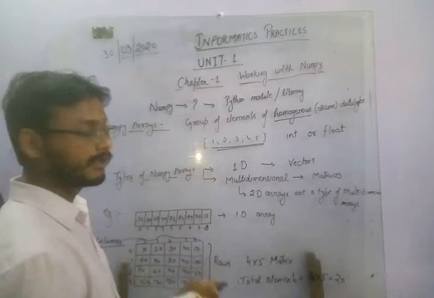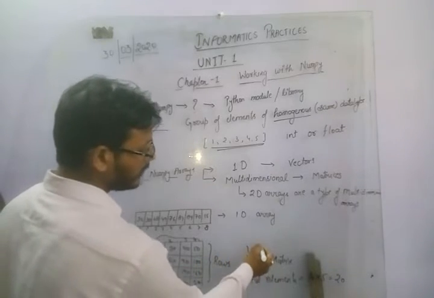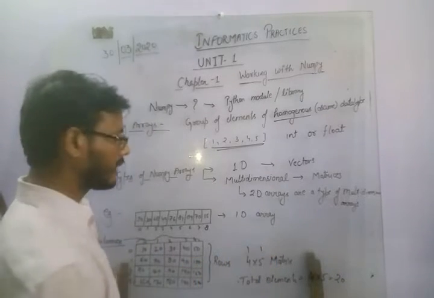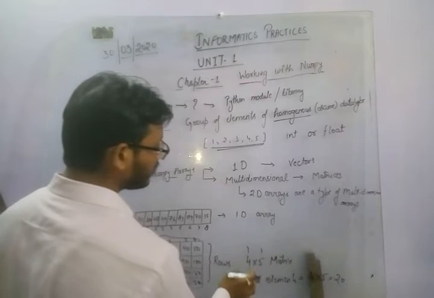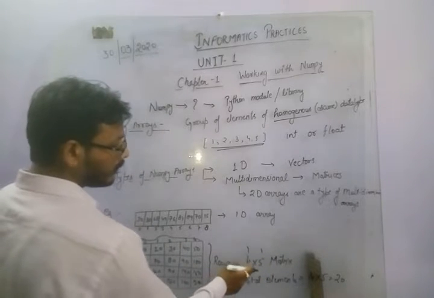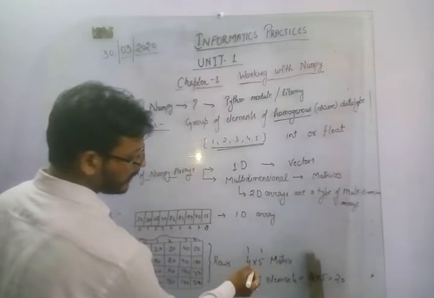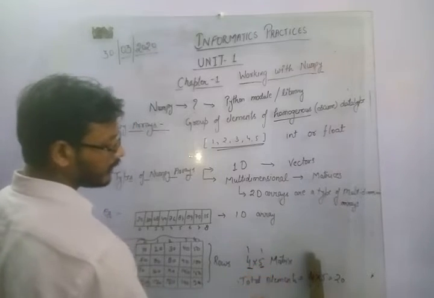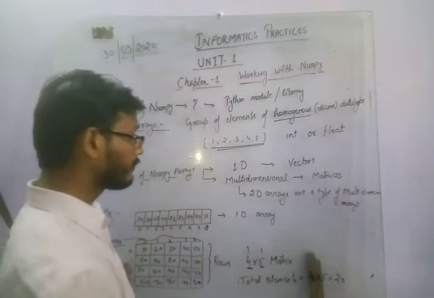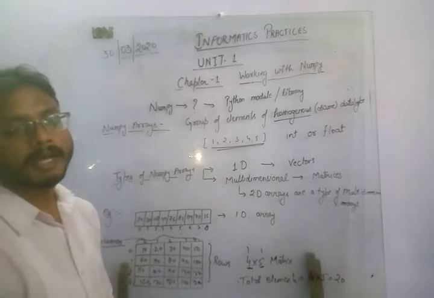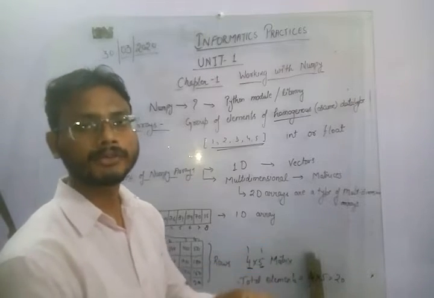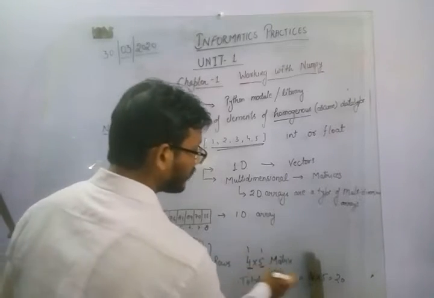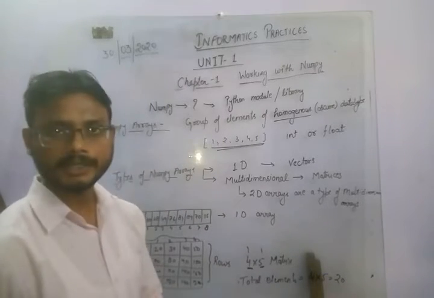Always we write rows first and columns after rows. So a 4 into 5 matrix means it has 4 rows and 5 columns. The total number of elements we can calculate by multiplying the number of rows and columns, that is 4 into 5, you will get 20.